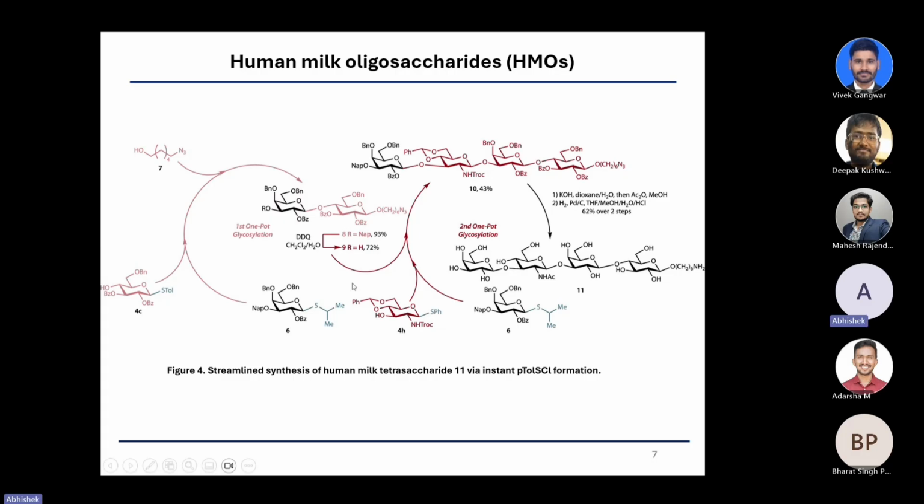They also mentioned that from 6 to 10 this is a one-pot process without intermediate isolation and without purification. From 6, he got compound 10 in 43%.